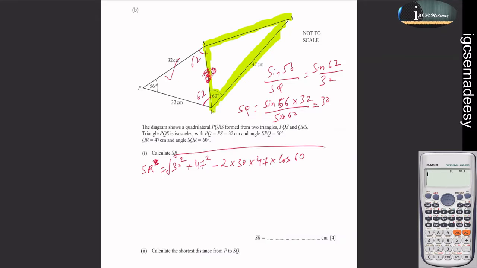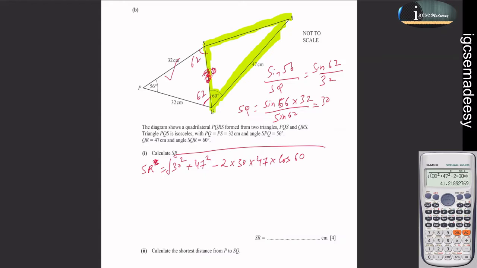Let's solve using the calculator. I'll put a root, put a bracket, 30 square plus 47 square minus 2 times 30 times 47 times cos 60, close the bracket.